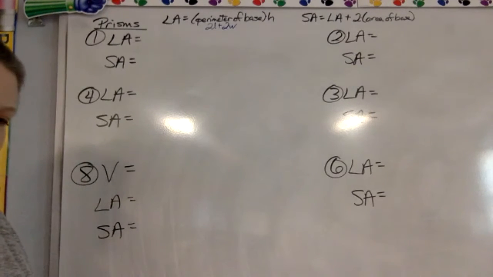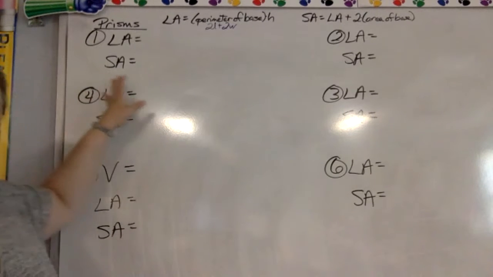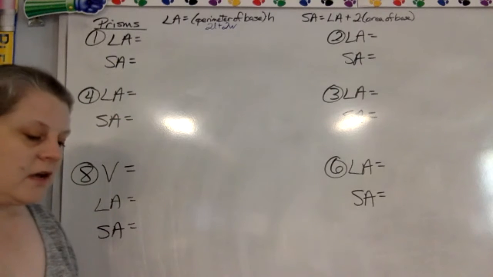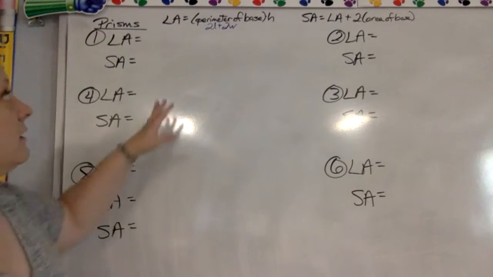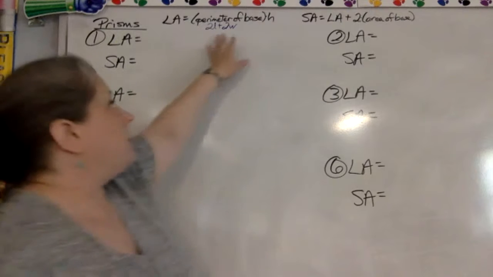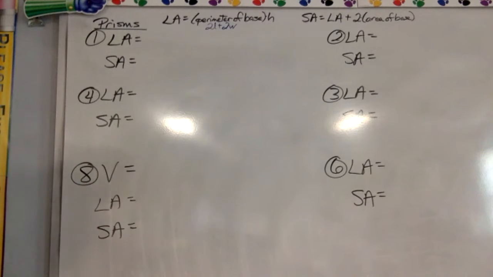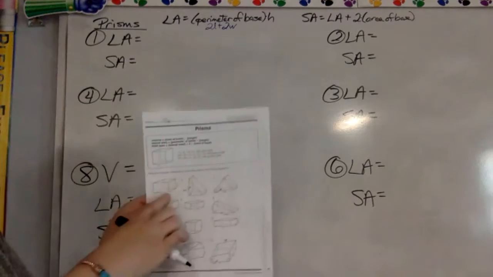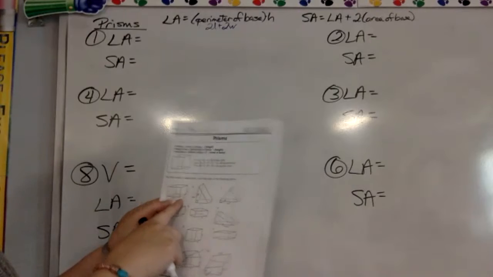Okay, so for number 1 on your Prisms worksheet, for lateral area, we take the rectangle's perimeter, because that's our base, and we multiply it by the height of the prism. So if you look at your picture for number 1, the base is the 5 and the 2.